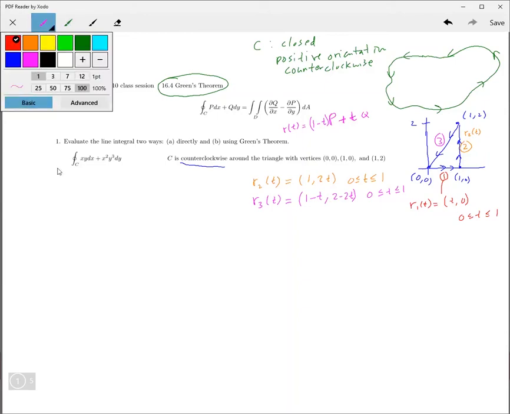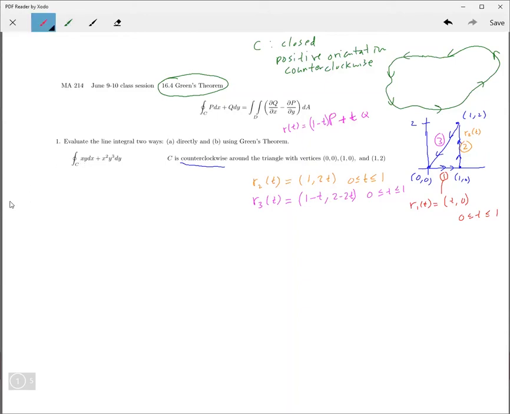And so this integral, you split it up into three parts. We're going to go over the first one, and that goes from 0 to 1. So this is r1 of t. So xy, this is our x, that's our y.